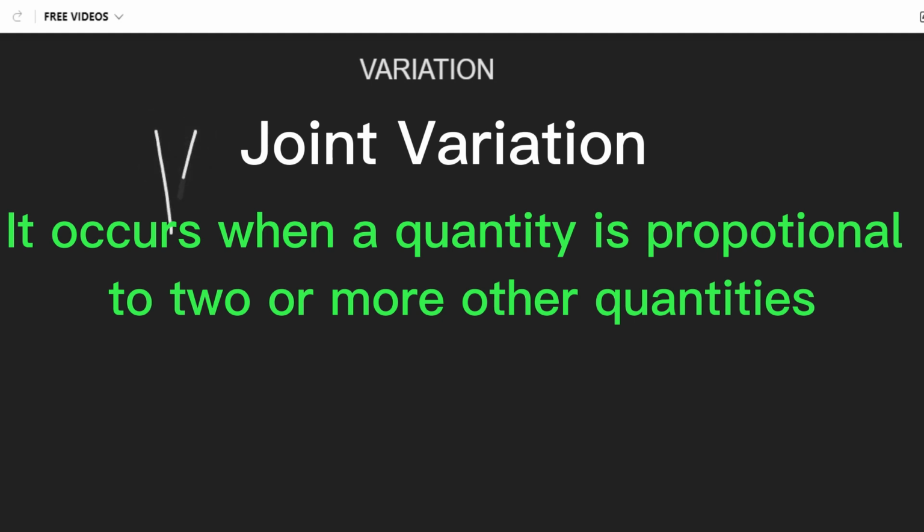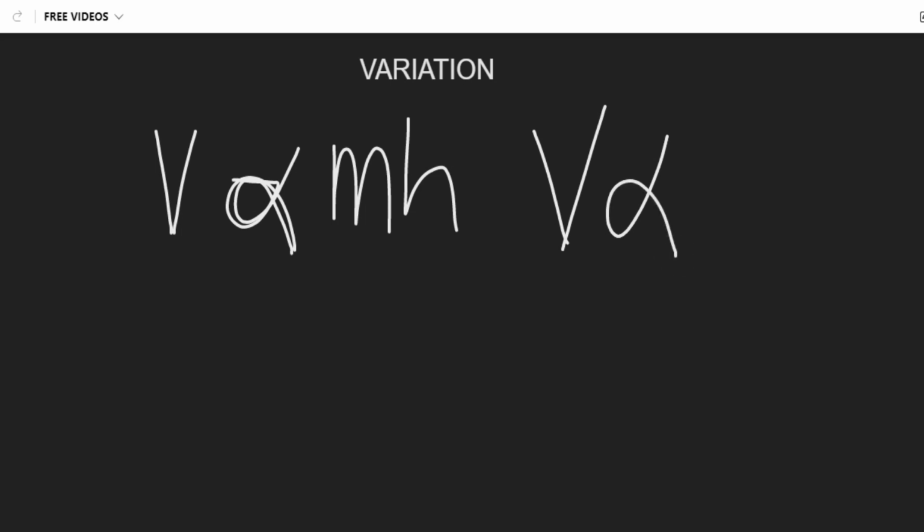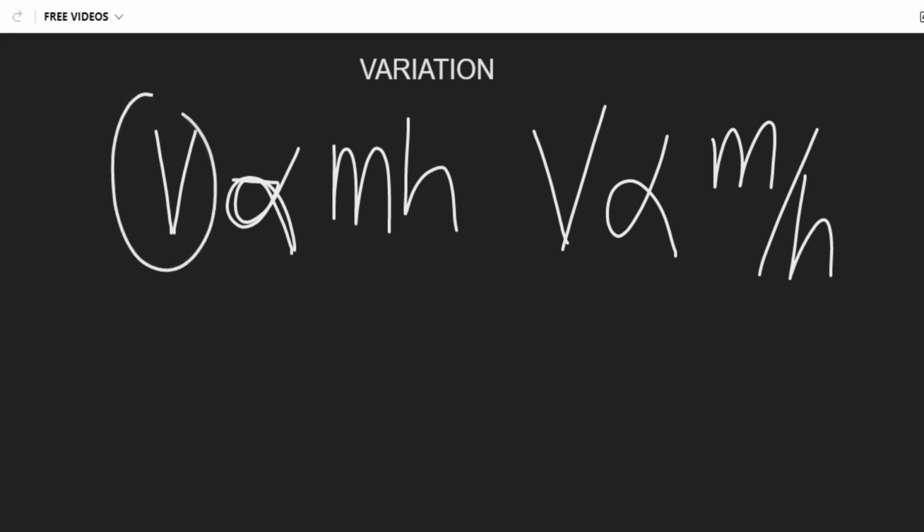When we have a quantity V that becomes jointly proportional to M and H, or we can also say V can become jointly proportional to M over H. Whichever one you see, so long as this value V is proportional to two or more quantities, it is called a joint variation.